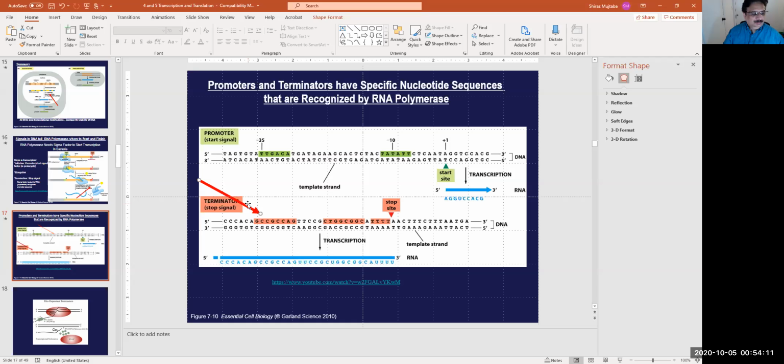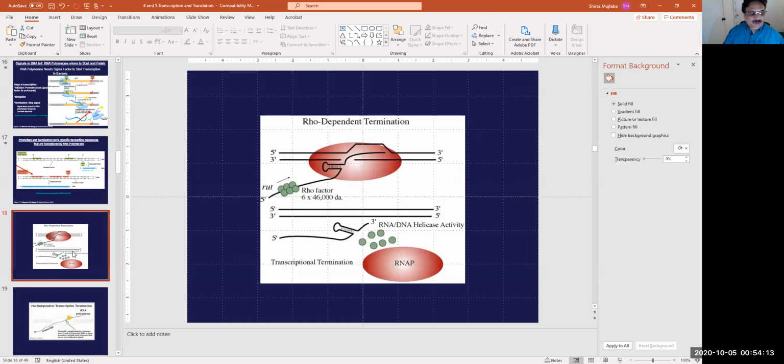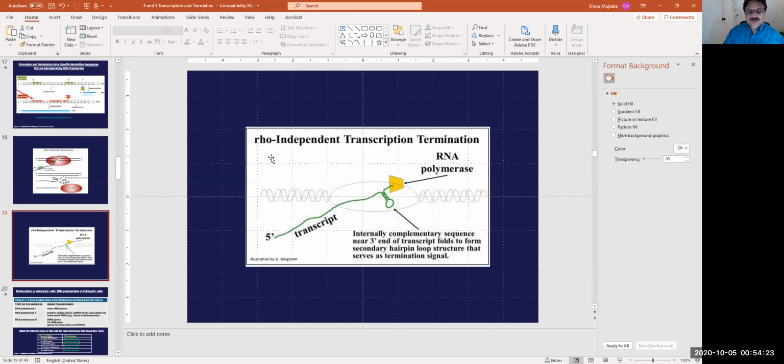This termination process could be of two types. One is rho dependent, where the rho factor comes in to stop the transcription, or there's a rho independent process. So depending upon the need for rho factor, it could be rho dependent or rho independent termination of transcription.